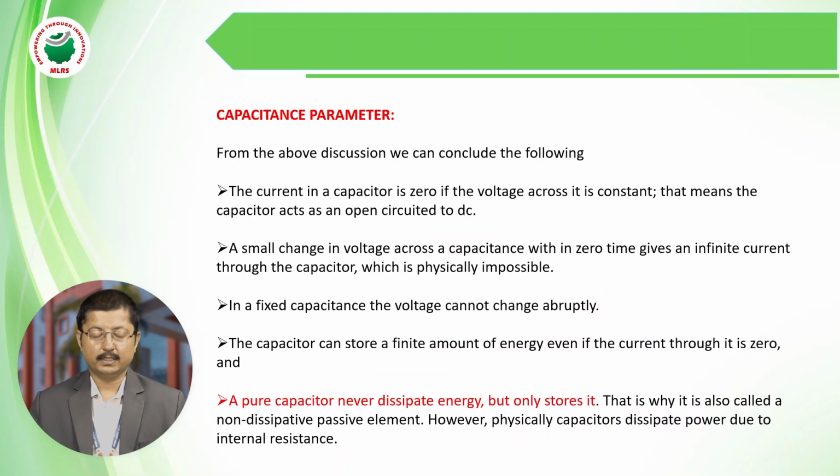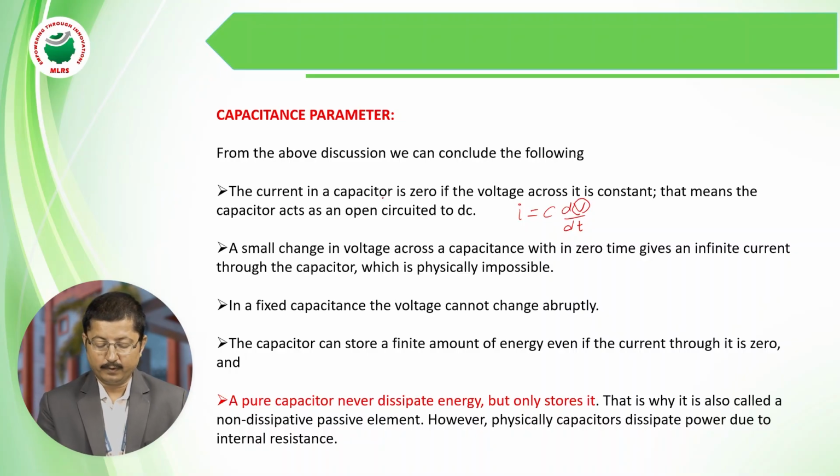From the above discussion we can draw some conclusions. Let us take the first conclusion. Along with the equation, the current flowing into the capacitor is equal to C into dV by dt. If we apply a constant voltage across the capacitor, then the current flowing into the capacitor is 0.